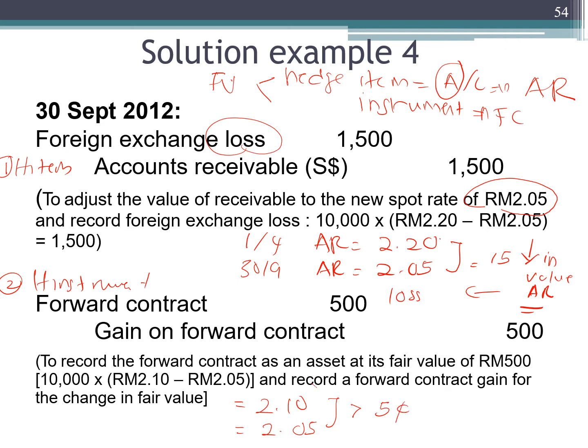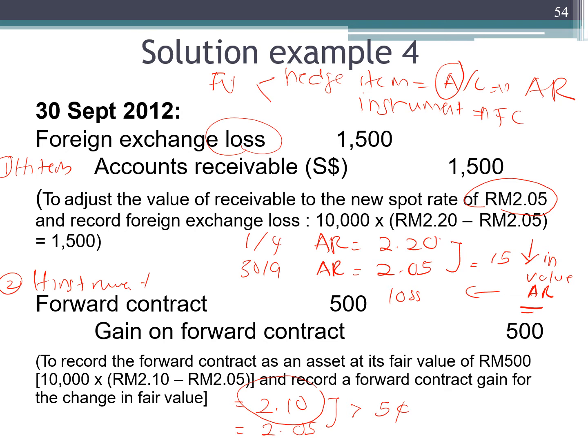Why RM2.10? Because you already entered the contract saying that on the 30th of September the value should be RM2.10, but the actual value here is RM2.05. So the contract has increased in value by 5 cents.